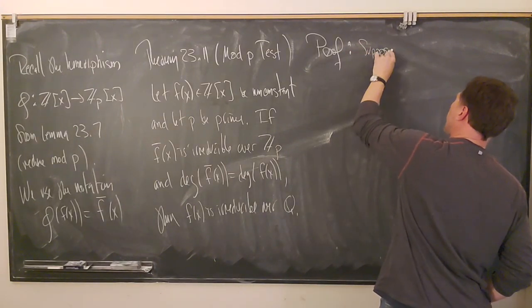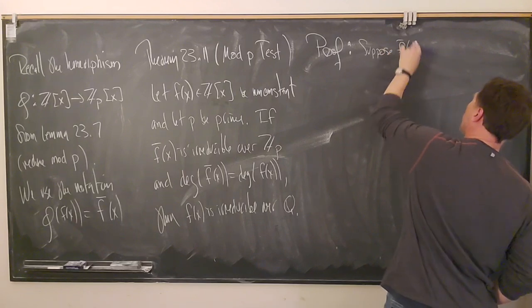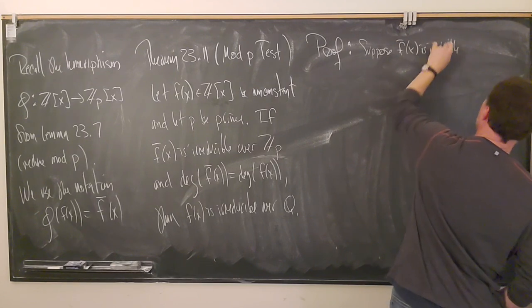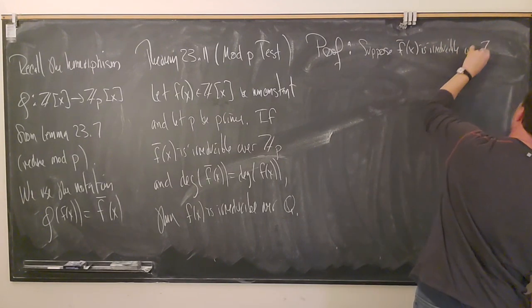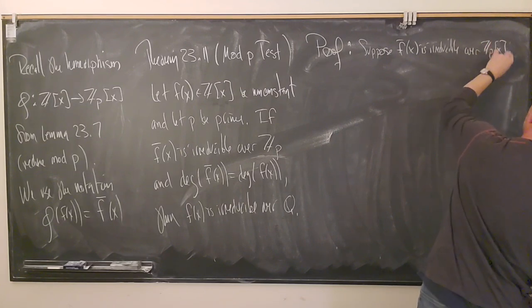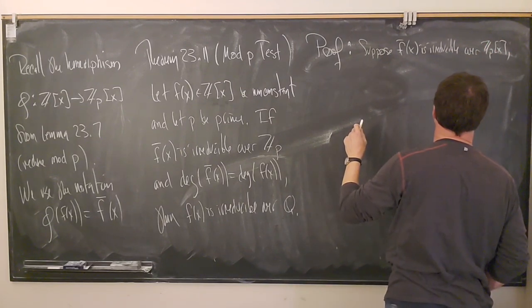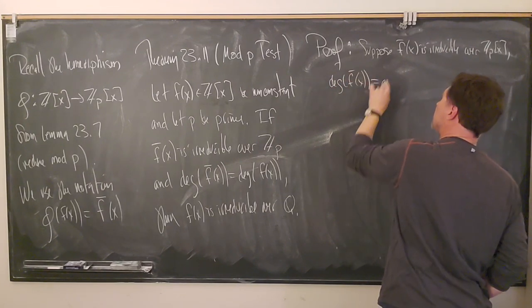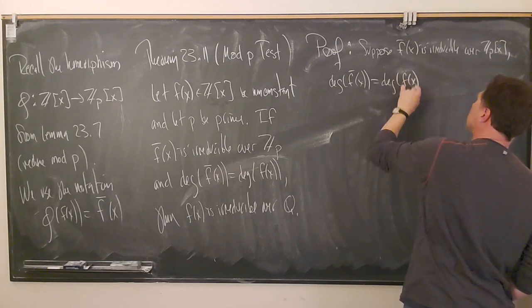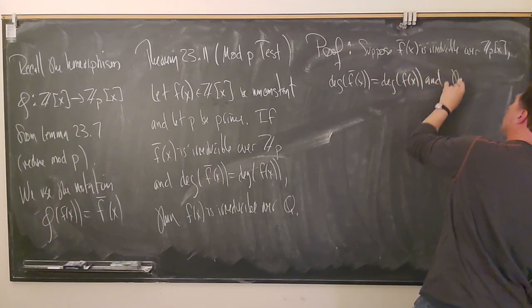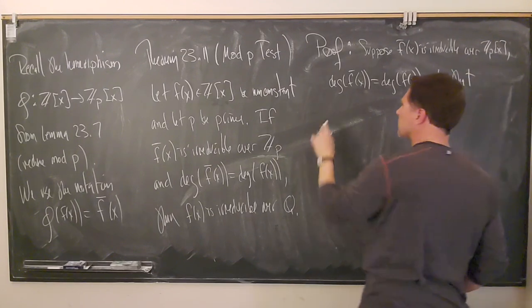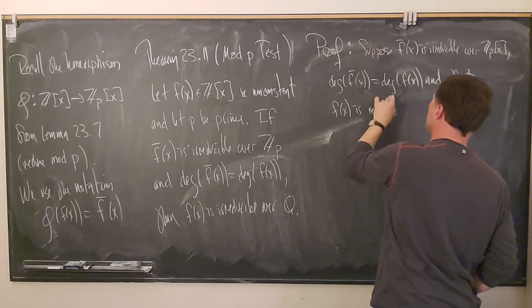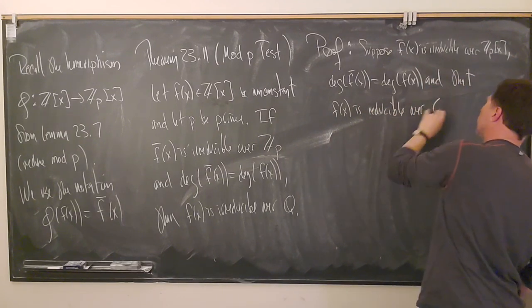Suppose f bar of x is irreducible over Zp[x], that the degree of f bar of x matches the degree of f of x, and that f of x is reducible over Q.